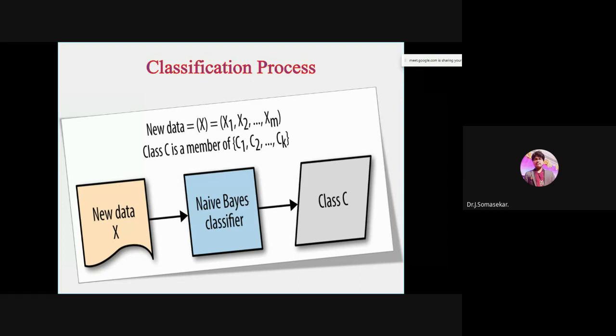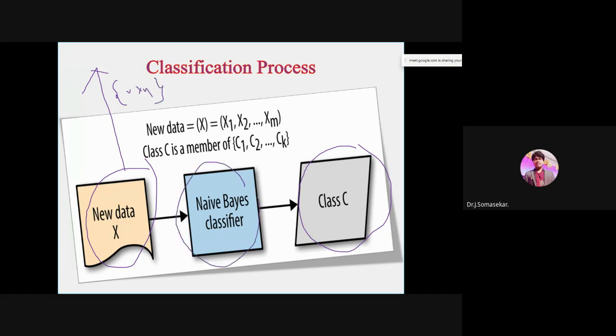We derived the Naive Bayes classifier just now using the Bayes theorem, and whenever you provide new data, the Naive Bayes classifier will give the output, that is called the class. Suppose a new patient visited and we collected the symptoms x1, x2, and so on up to xn, like fever, etc. We apply this classifier and get the class: this person has cancer or non-cancer. Or if we collect some student data, we can classify that the student class is distinction or first class.